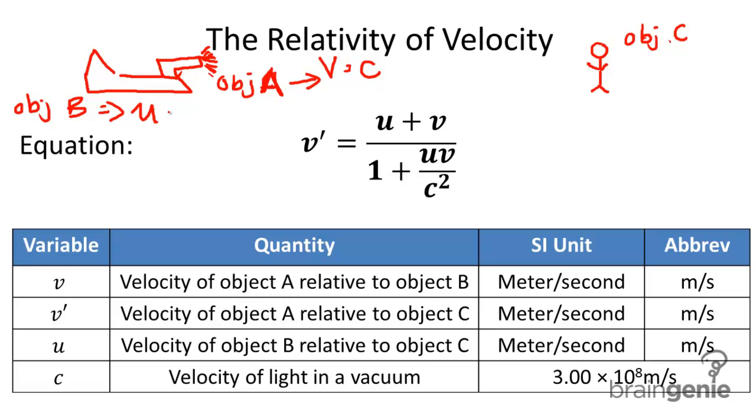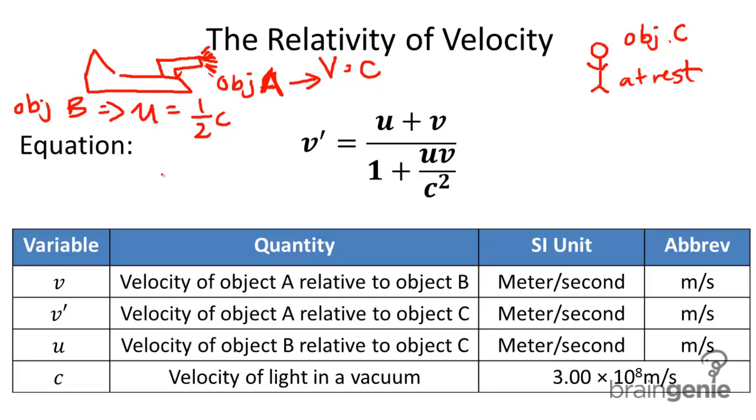So u would equal half of c. And then finally we have object C. Let's say object C is at rest. Now, we have this flashlight shining at the speed of light, and it's sitting on a spaceship that's traveling at half the speed of light.